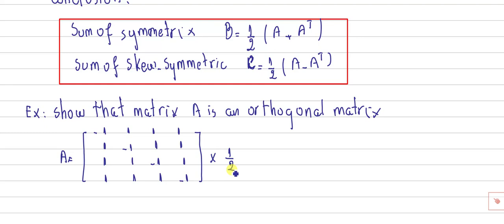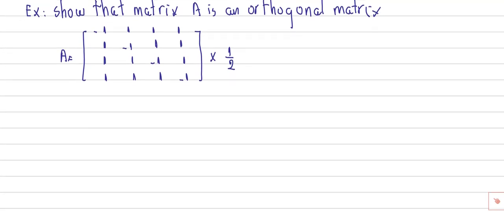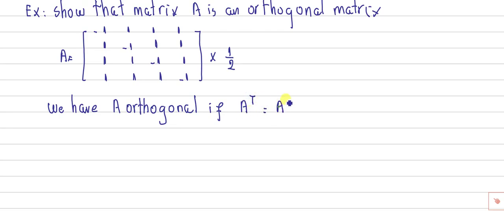So if A is orthogonal, we have A orthogonal if A transpose equal to inverse of A. When we just write about this one, I think maybe it is difficult.